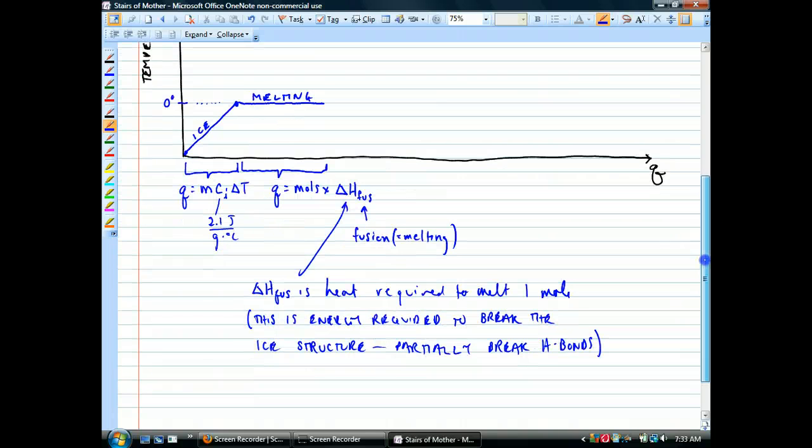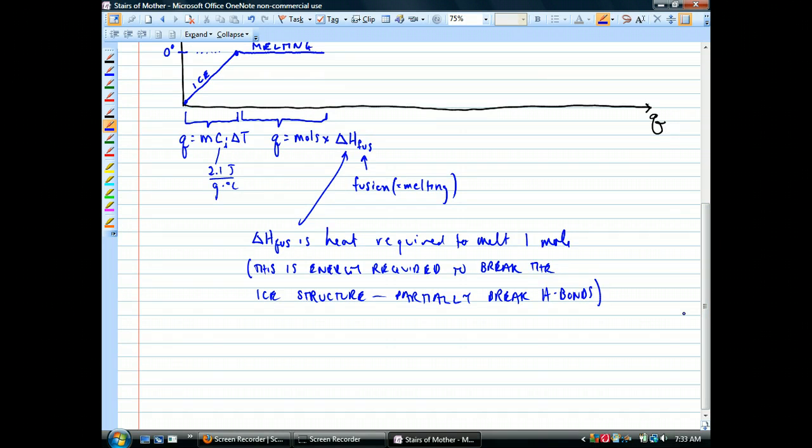So let's look in a little bit more depth. I'm going to go down below here, and we're going to look at a rudimentary model of a solid and a liquid. In a solid, you have molecules or atoms locked into a rigid 3D structure.